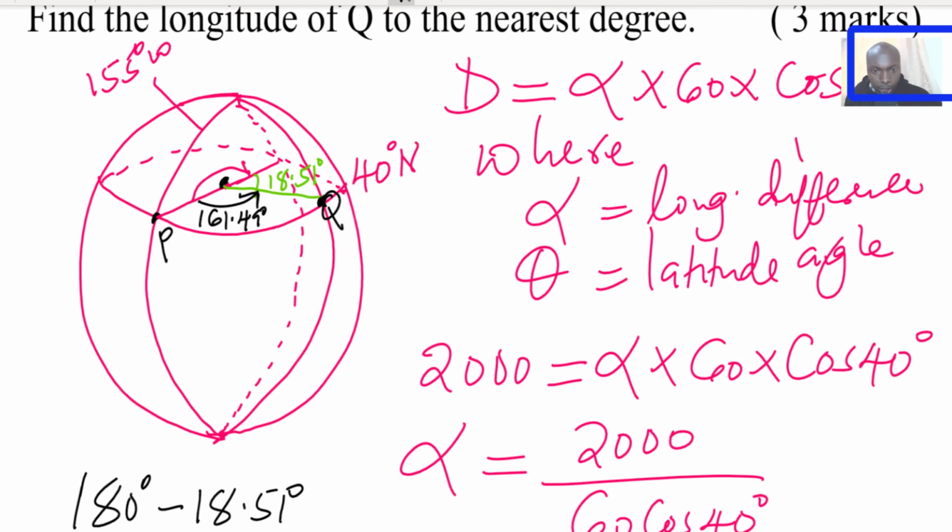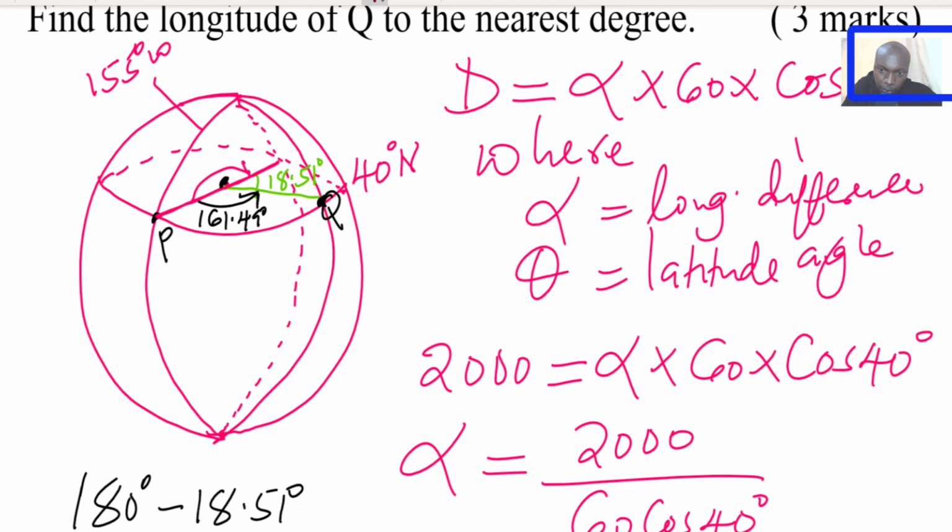So 180 degrees was this straight line. Then the additional part to make 198.51 is the one that I've indicated there. So the position of Q will be to the east. Though we are not required to get that in this question, we already got the longitude of Q to the nearest degree.